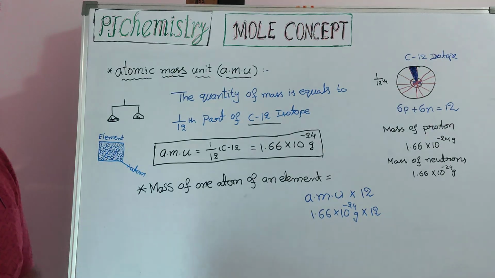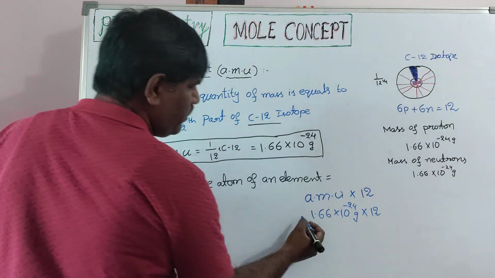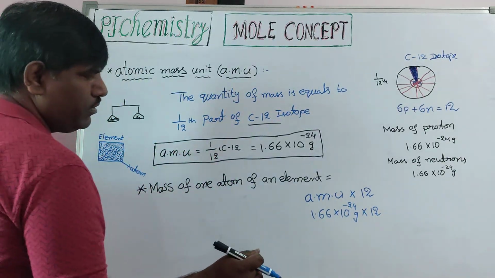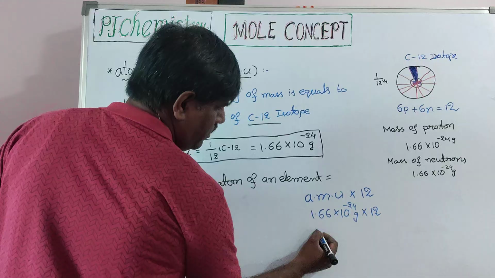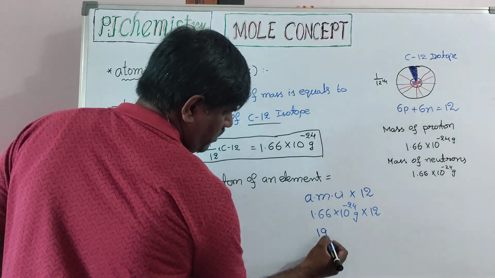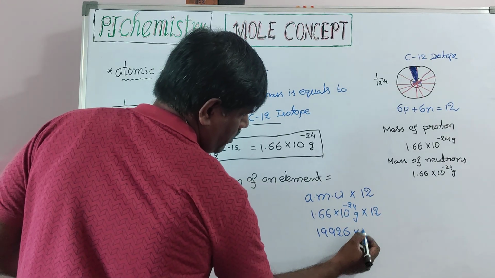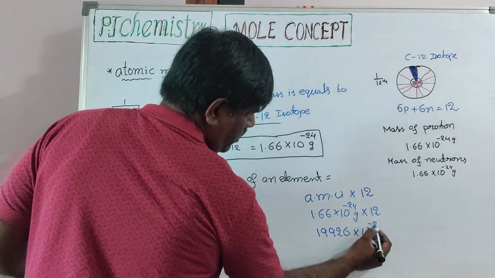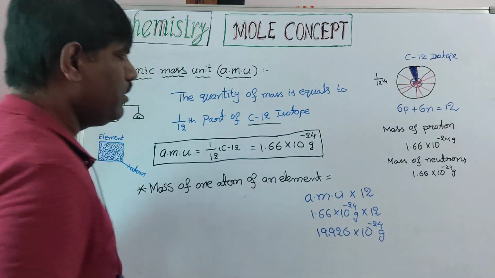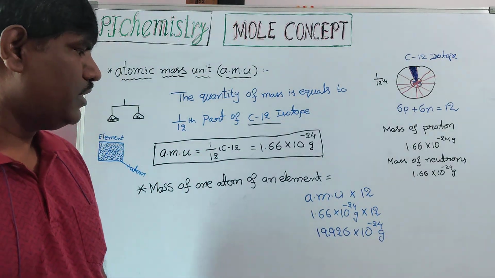Here you will get the value if you multiply these two: 19.926 into 10 to the power of minus 24 grams.